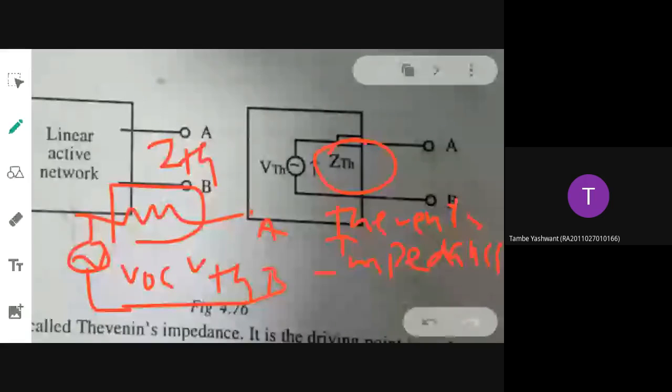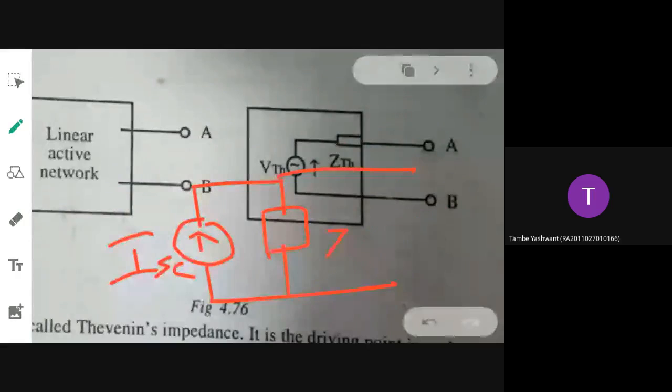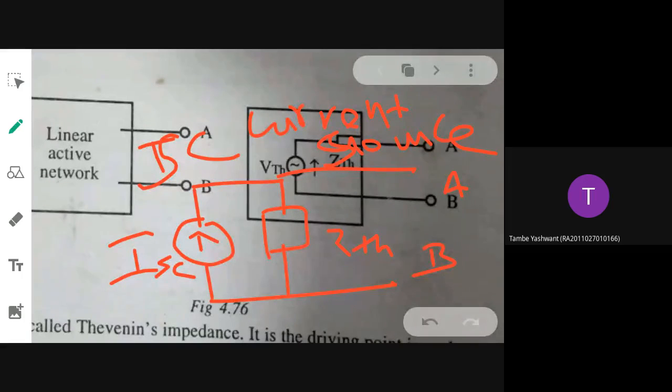Suppose on the other hand you reduce the same circuit to a parallel equivalent, like this with ISC in parallel with Z Thevenin. Here ISC represents a current source, not a voltage source. It is called the short circuit current source, connected in parallel with Thevenin's impedance.